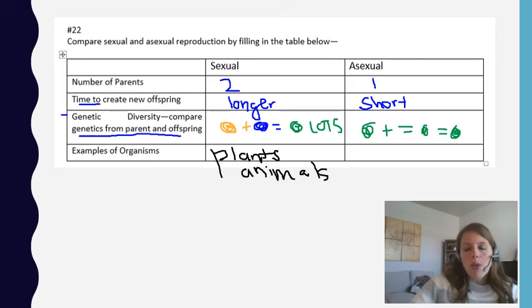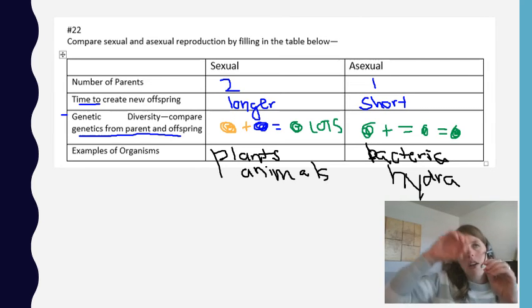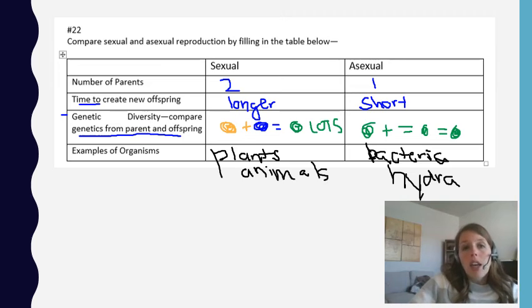And for asexual reproducers, definitely examples would be like bacteria, and that's a good example there. And there's other ones too, but like a hydra, we talked about how a hydra reproduces by budding, and we talked about that in class. So that is the basics of comparing sexual with asexual reproduction.